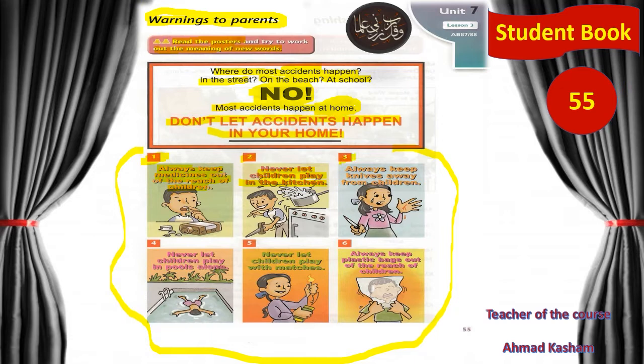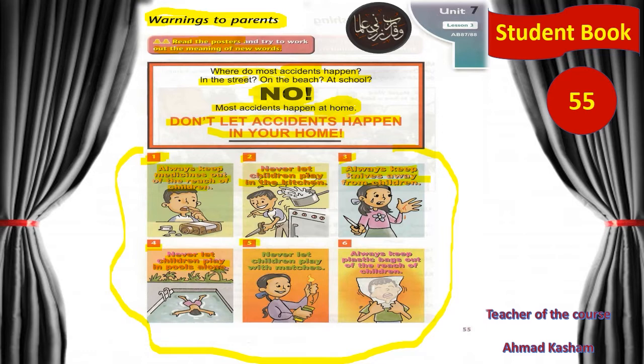Number 3, always keep knives away from children. دائما أبقي السكاكين بعيدا عن الأطفال. Number 4, never let children play in pools alone. أبدا لا تدع الأطفال يلعبون بمفردهم في المسابح.